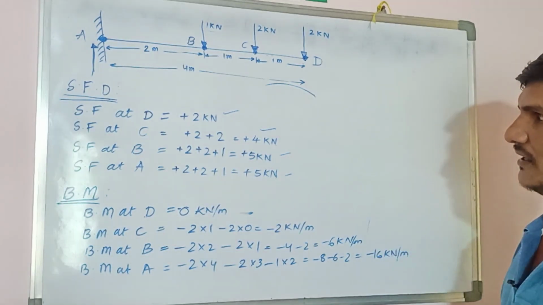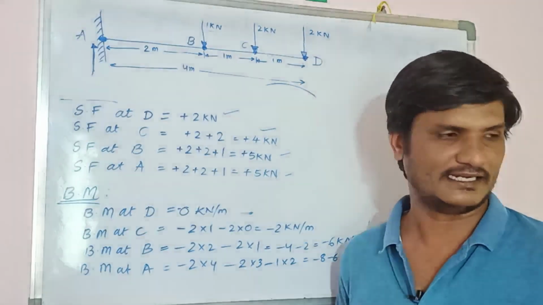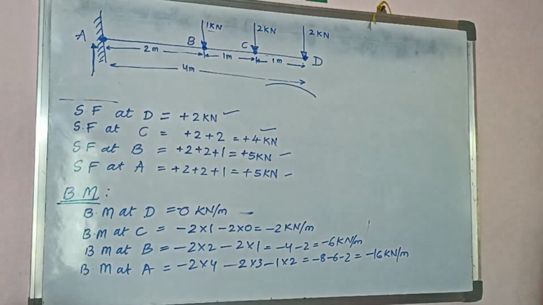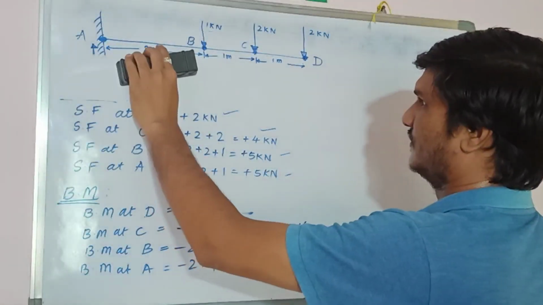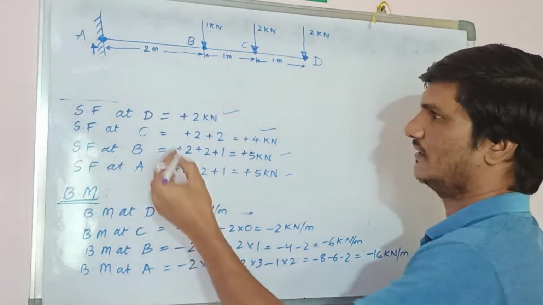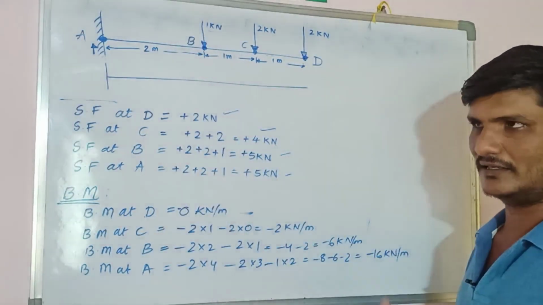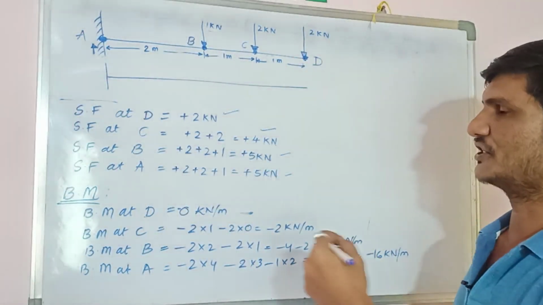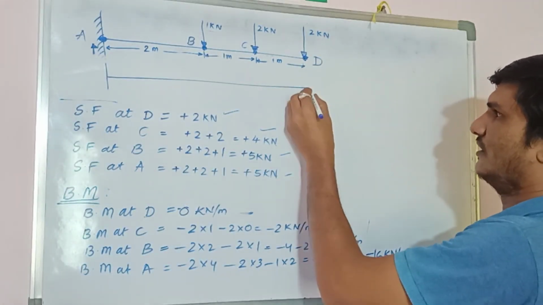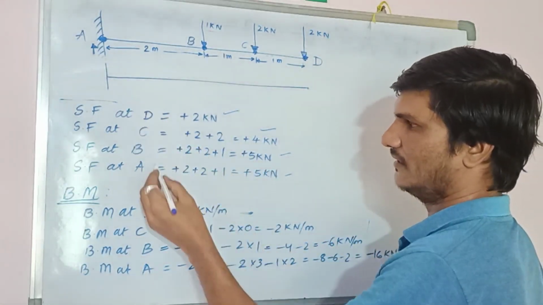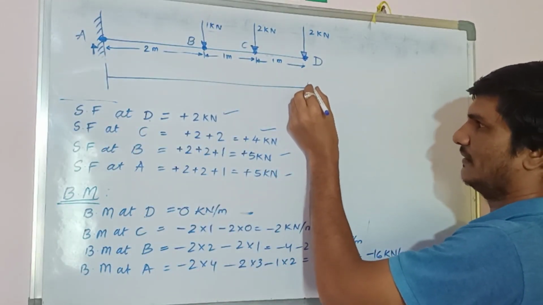Now we have to draw the bending moment diagram and shear force diagram. First, to draw the SFD, draw one horizontal line below the beam, the free body diagram of the given body. The shear force at D is 2 kilonewton, so plus 2.